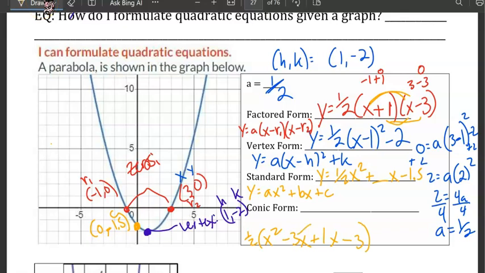Combine the like terms, this gives you a -2x. And then we'll distribute the 1/2 into each of those. So 1/2 times -2 is going to be a -1.